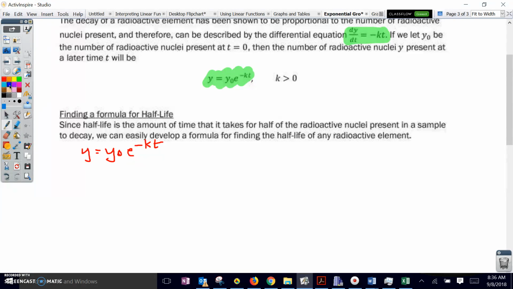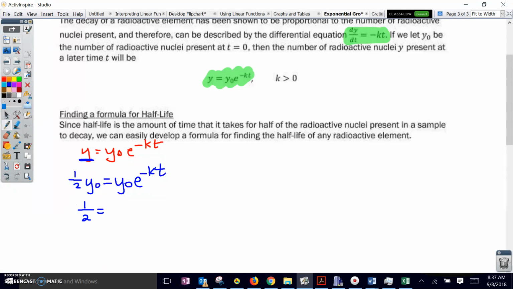We're going to let half of the material be left, and that is going to be our value that goes in for y. Well, if the initial amount is y sub 0, when half is left, that means half of y sub 0 is left. And so we're going to divide both sides by y sub 0.